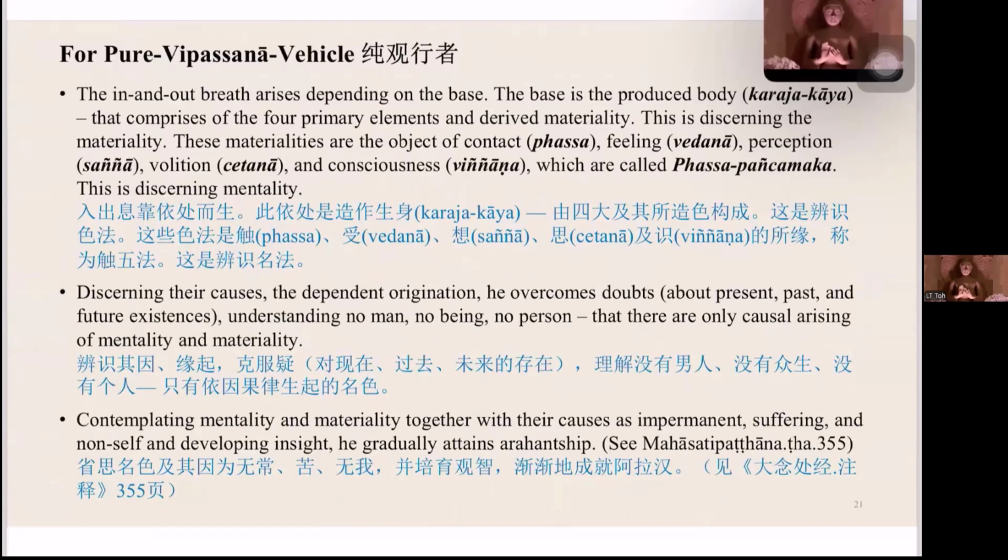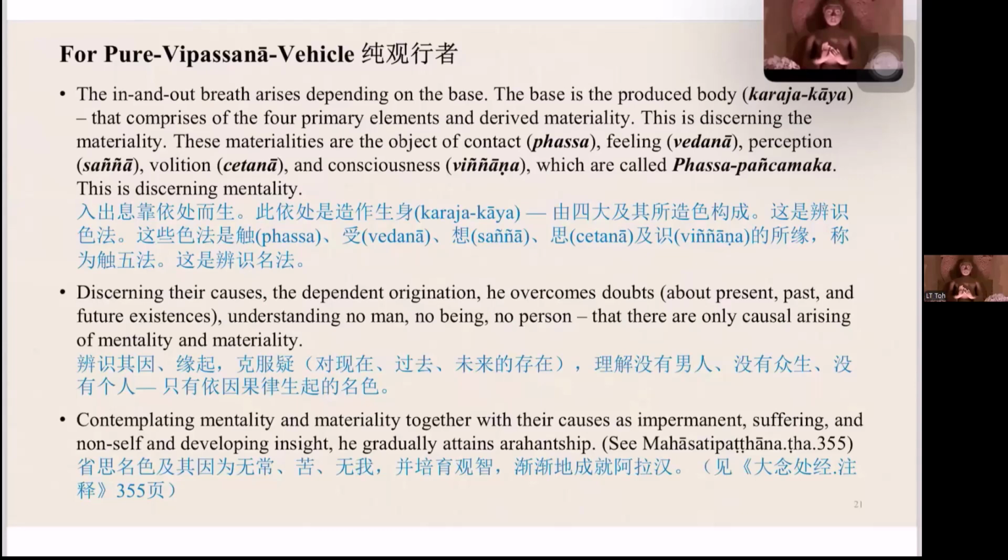That's for Anapanasati, right? I just mentioned very simple introductions of Anapanasati. So if you cannot attain jhana, then how should we practice? That means after attaining access concentration, we have to discern rupa. The in and out breath arises depending on the base. Then what's the base? The base is the produced body, karaja kaya.